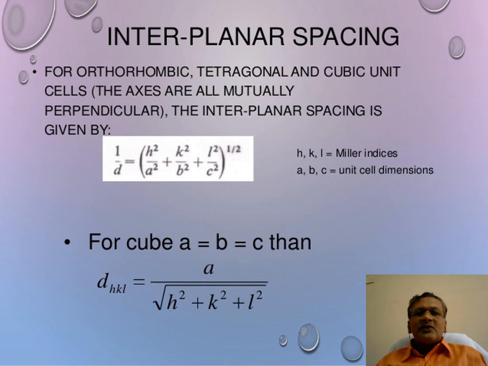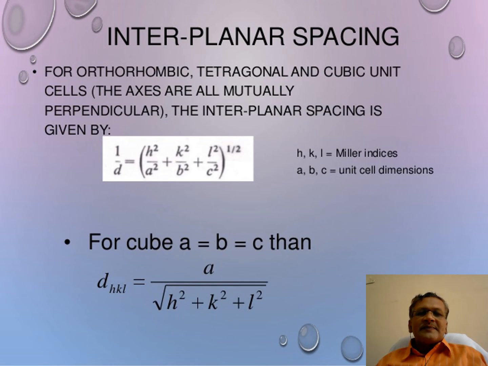Now we are passing on to another concept called interplanar spacing. In the crystal structure there are so many planes, like slices of a cucumber. Therefore, the distance between two successive planes is called interplanar spacing. Here h, k, l are the Miller indices, and a, b, c are the unit cell dimensions.